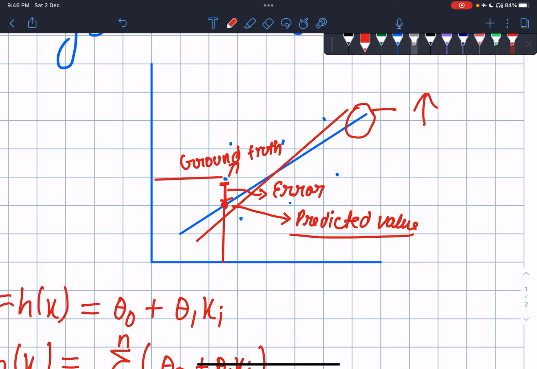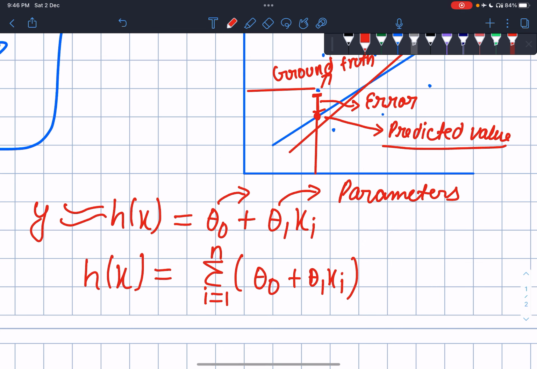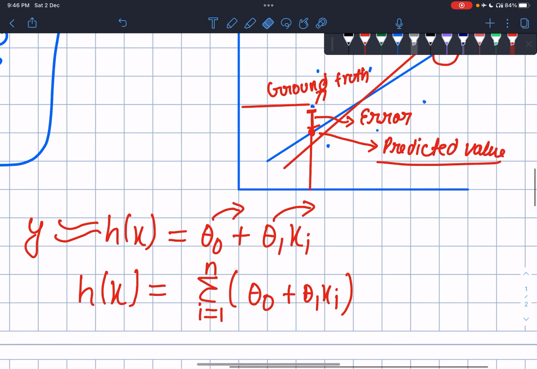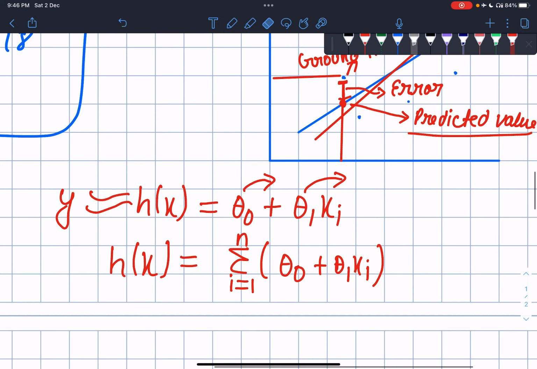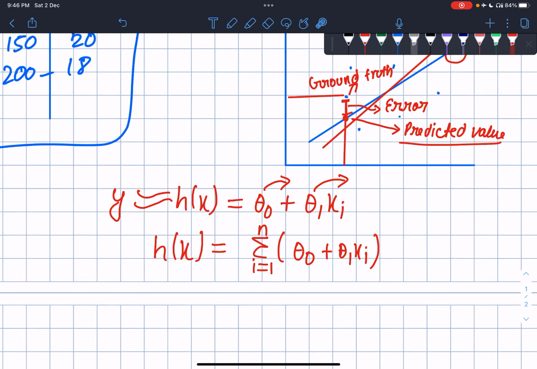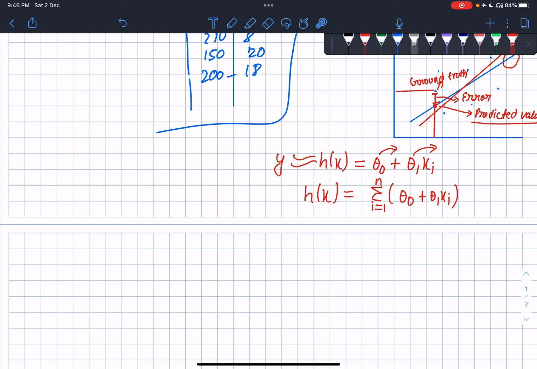We will tweak these parameters. As I mentioned earlier, we call them parameters, or weight parameters, or weights. You have to optimize this line by tweaking these parameters, theta 1 and theta 0. How will we optimize it?